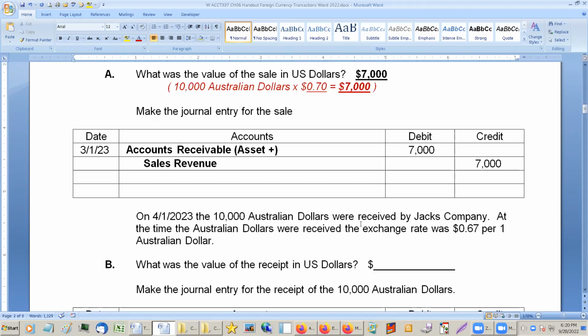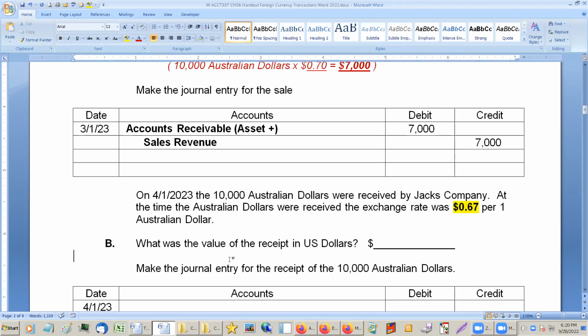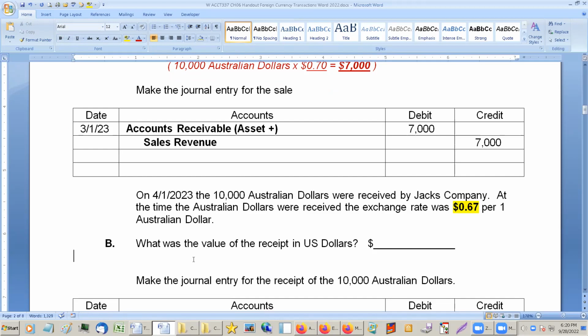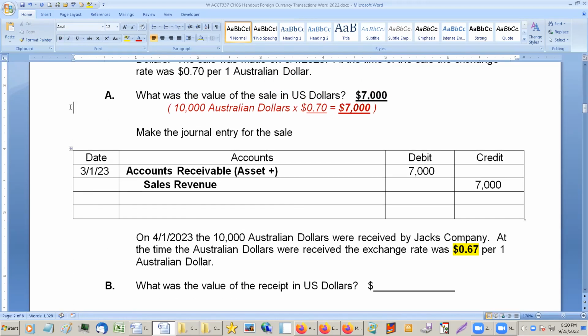So, April 1st, the Australian dollars were received by Jack Company. At the time, the Australian dollars received an exchange rate of 0.67. Okay. So what was the value of the receipt in US dollars? It's the same thing as up here.